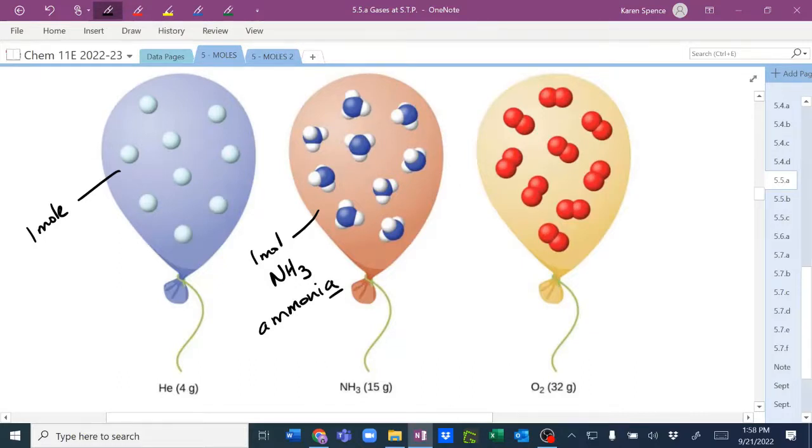Ammonia is the neutral NH3; ammonium is NH4 with a plus sign. And that will weigh 17 grams because that's the molar mass, and oxygen, O2, will have a mass of 32 grams when this balloon contains 1 mole of O2.